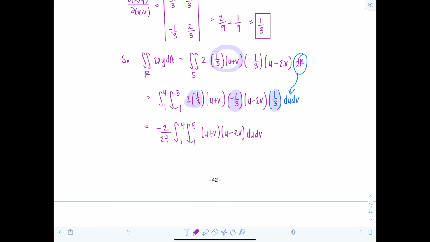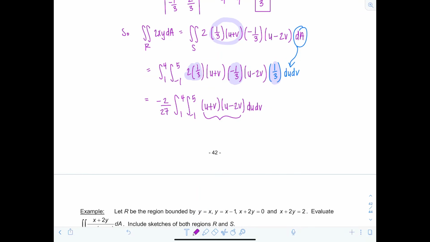And then what would you do from here? You guys, you have to multiply it out. So you would multiply this out so that you get u squared minus uv minus 2v squared. And then you just go from there, okay? So have at it. That's really all I need to show you. And that wraps up that first example.